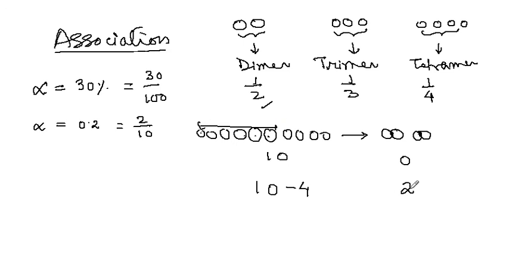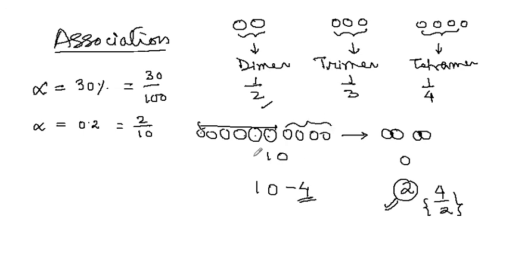Now what we see here is that instead of the 4, on the right hand side we should have had this number. The number of cookies that got dimerized, if we count it as numbers, we are getting 2 cookies, but in reality how many cookies have we taken? We have taken 4.